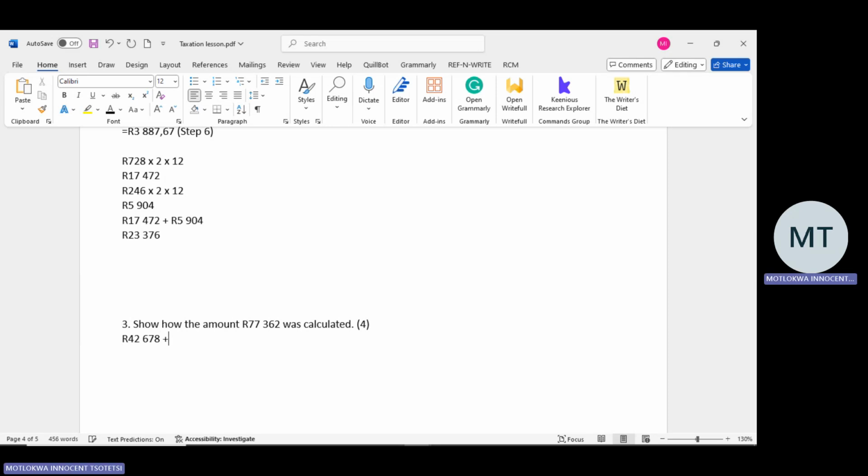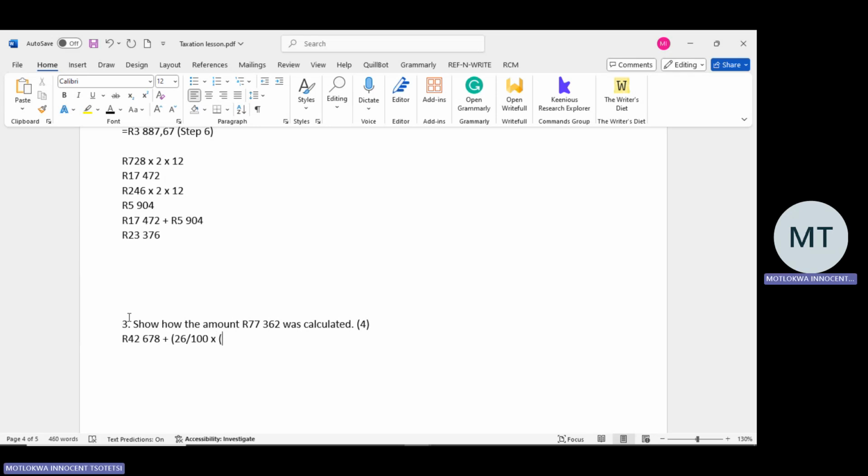So 42,678, then we are going to say plus, we are going to open the bracket, use the percentage on tax bracket number 2, which is 26%, divide by 100, then multiply by, open the brackets.